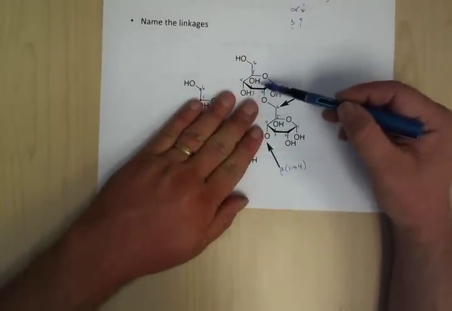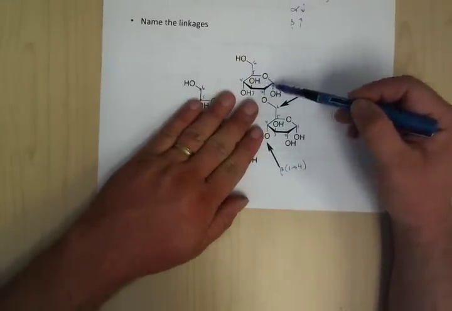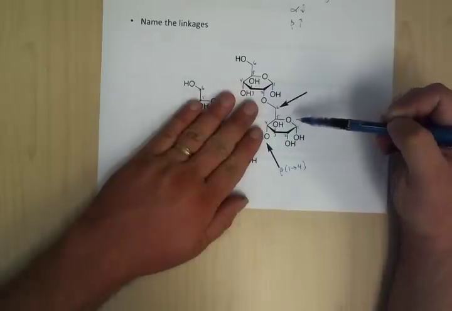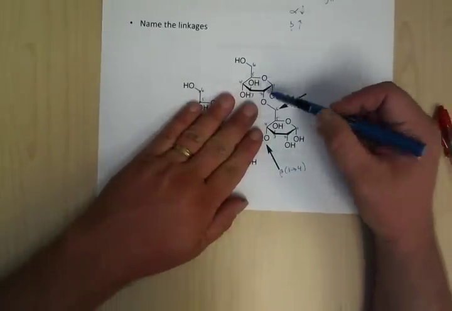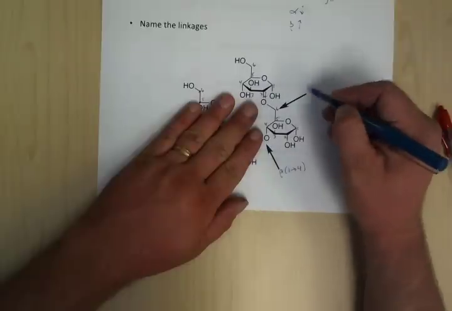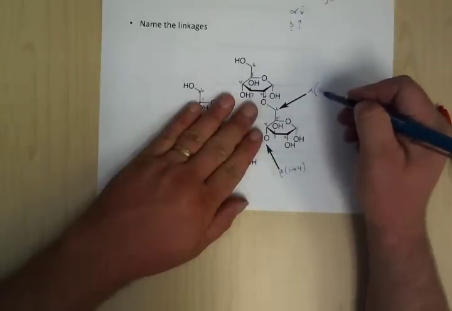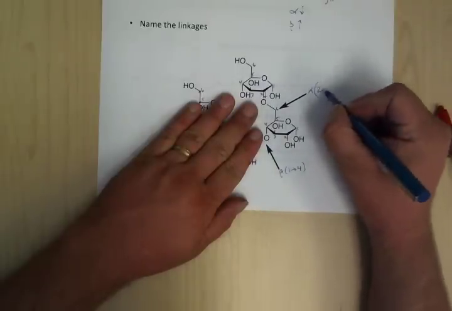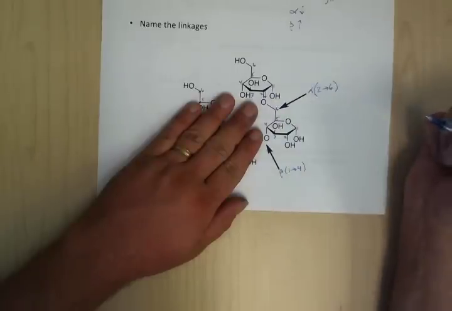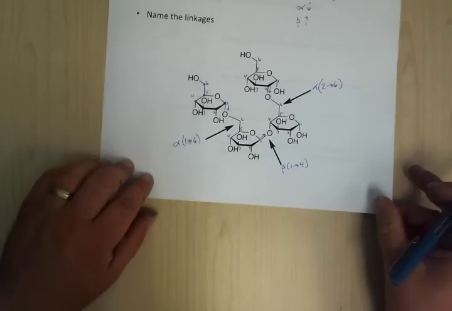This is the left-hand sugar now, because notice how this ring is slightly shifted relative to this one. From the left-hand sugar, the linkage is going down, so it's alpha 2,6, going from carbon 2 to carbon 6. Okay, so there you go.